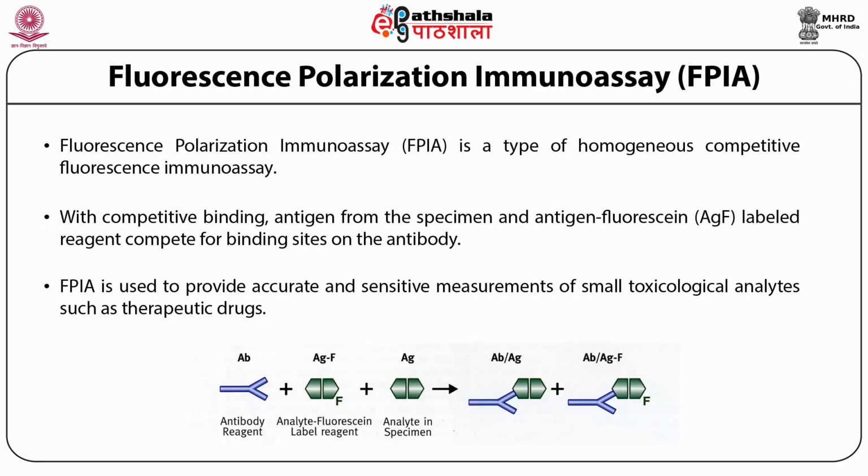Instead, the antigen or antibody is labeled with a fluorescent dye, and this fluorescent dye can be seen under a fluorescence microscope. From this we can find out the concentration of the antigen or antibody that is present in a tissue. This is normally used for knowing the concentration of unknown antigens or the presence of antibody in a biological fluid using fluorescence microscopy.